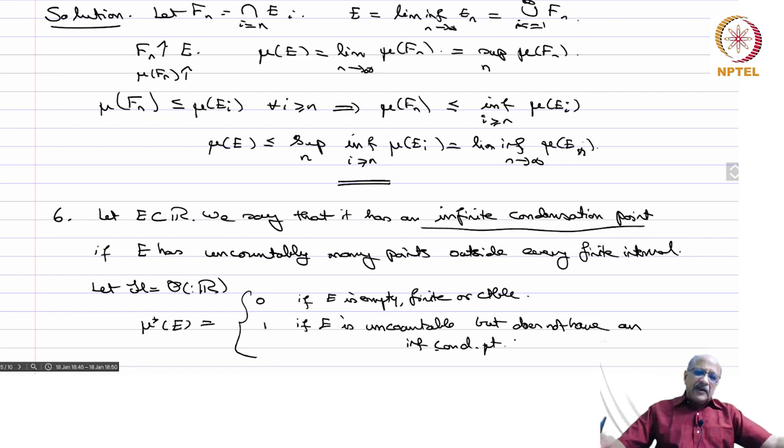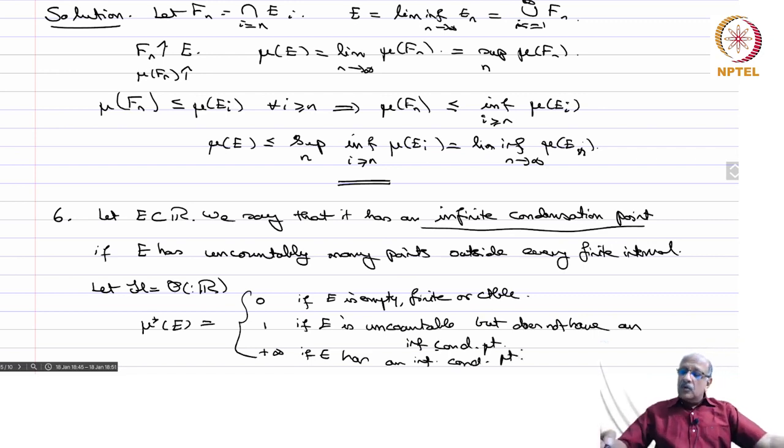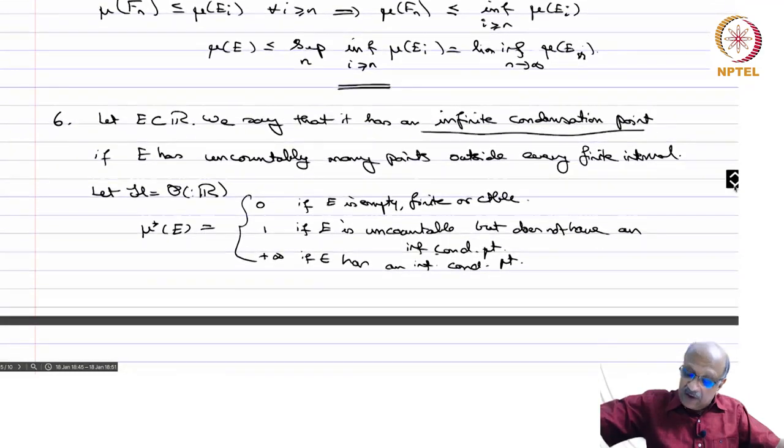An example is a finite interval itself, because outside a finite interval there are no points. So in particular finite intervals have measure 1 in this, and plus infinity if E has an infinite condensation point. For example, the whole of R, or R minus any countable set, will have an infinite condensation point.